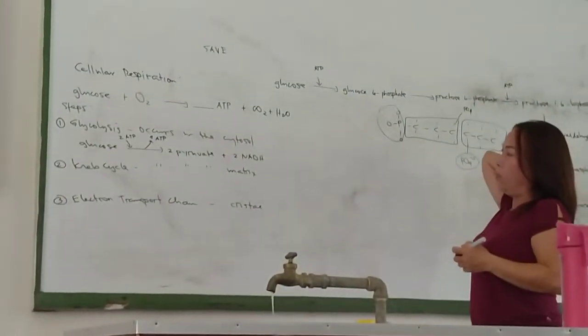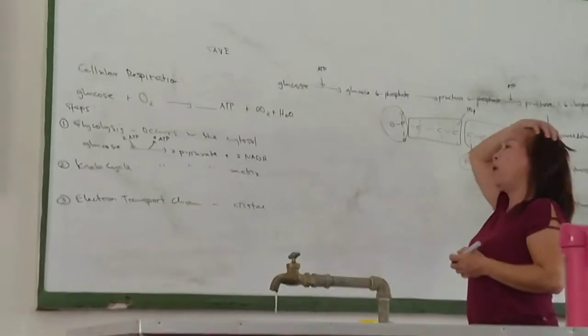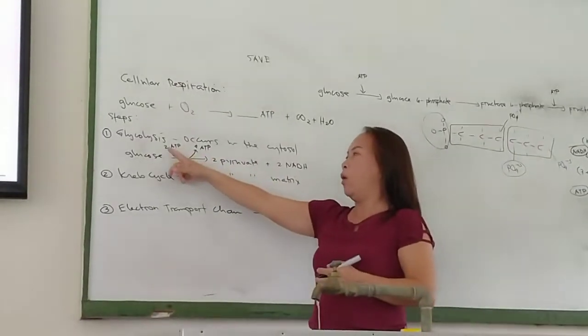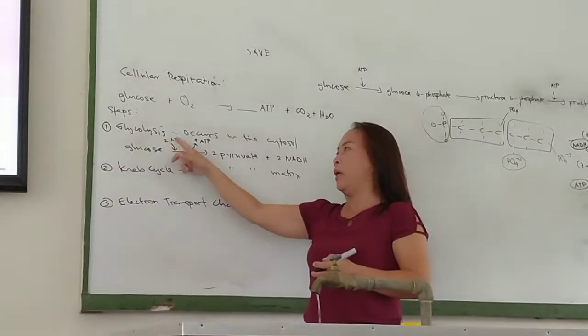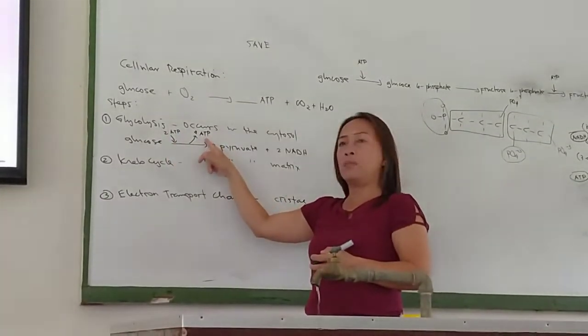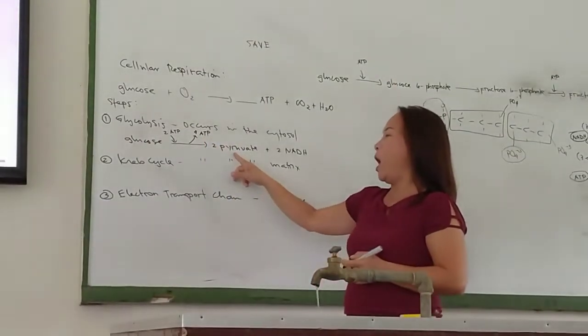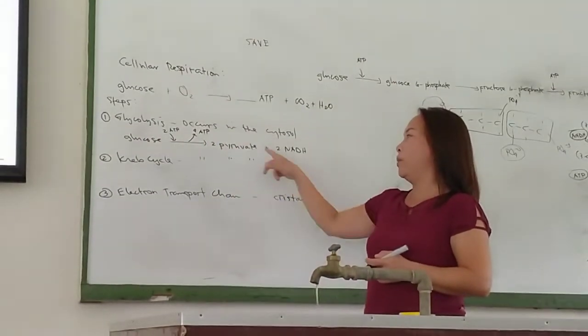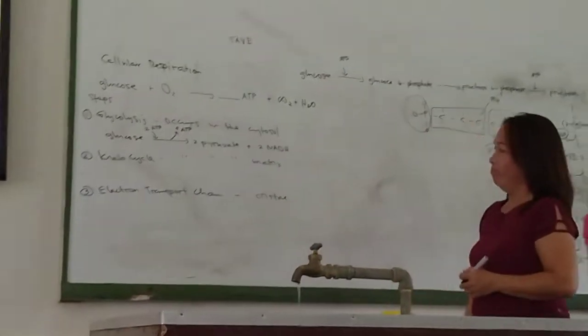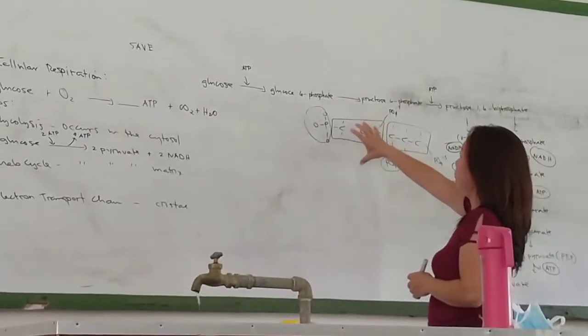So we will know later what's the origin of these 2 ATP molecules, and then how it releases 4 ATP molecules, and how it formed 2 molecules of pyruvate and the 2 NADH. Okay? So we will start here.